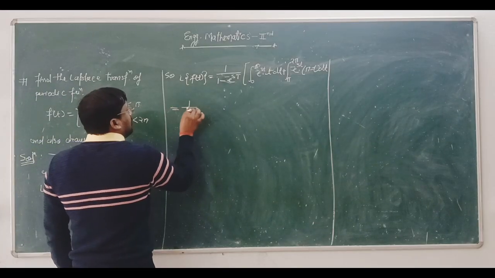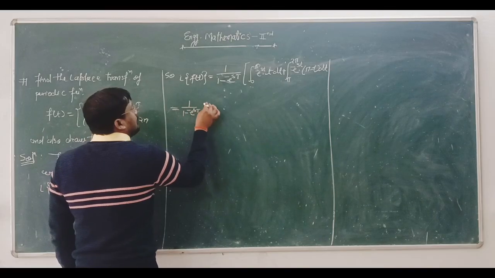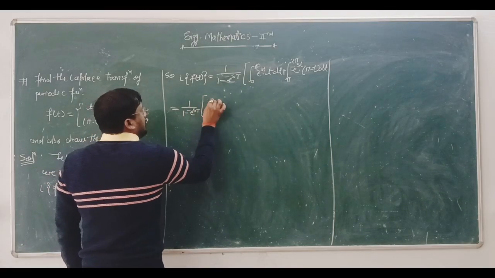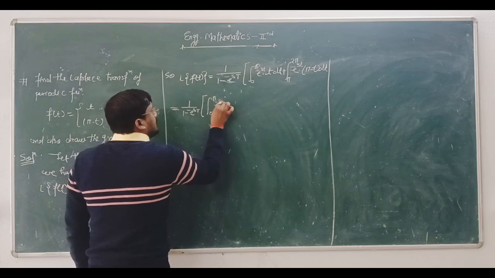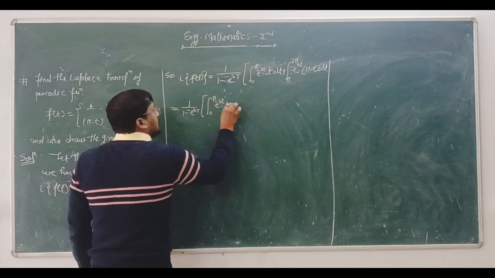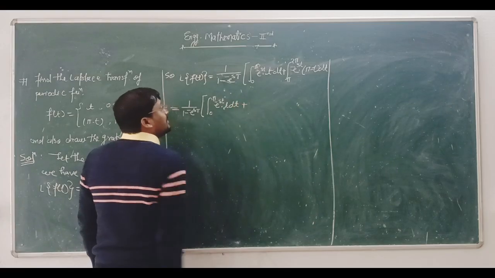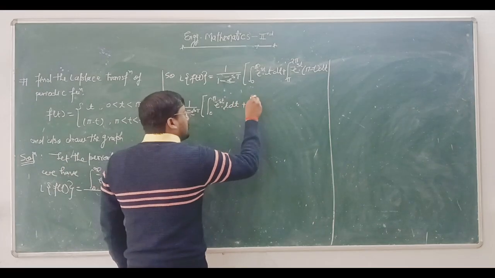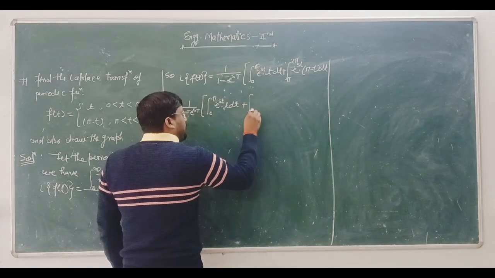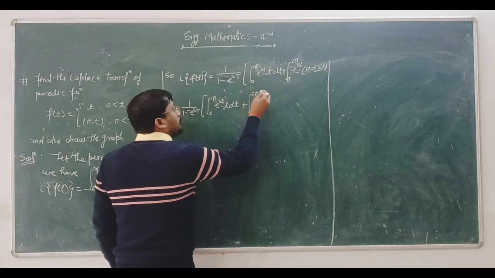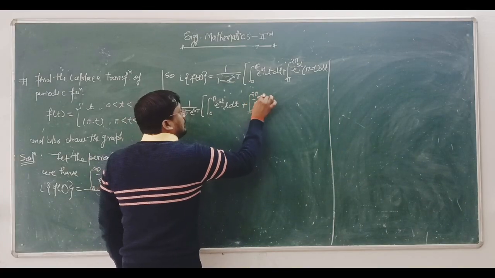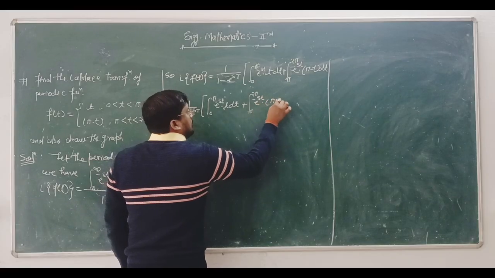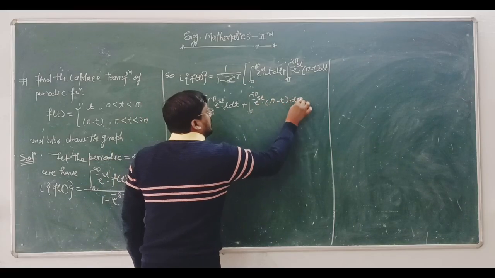1 upon 1 minus e to the power minus s capital T, bracket, integration 0 to pi e to the power minus st into t into dt, plus integral pi to 2 pi e to the power minus st into (pi minus t) into dt.